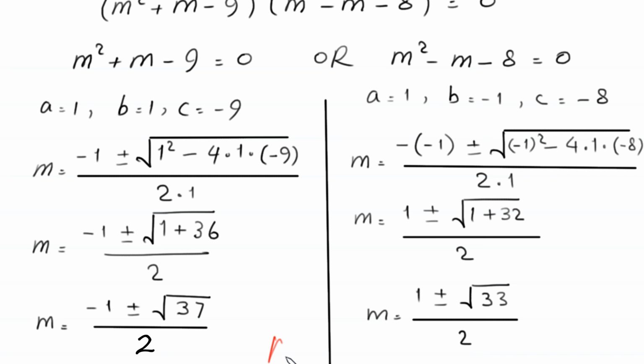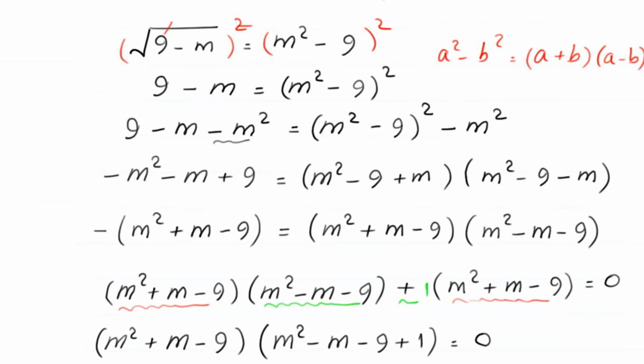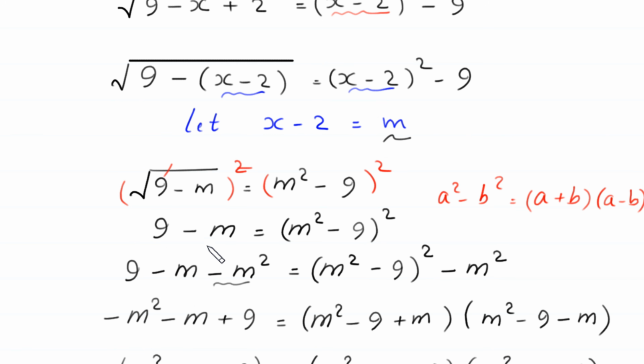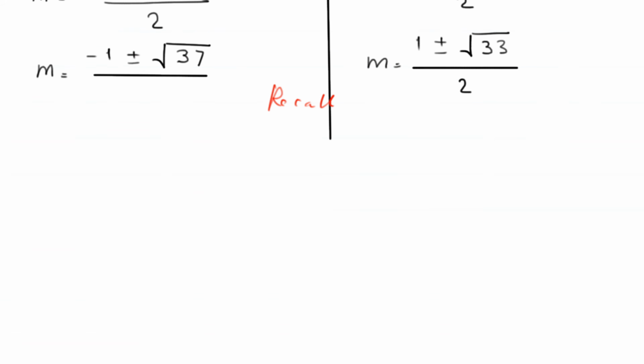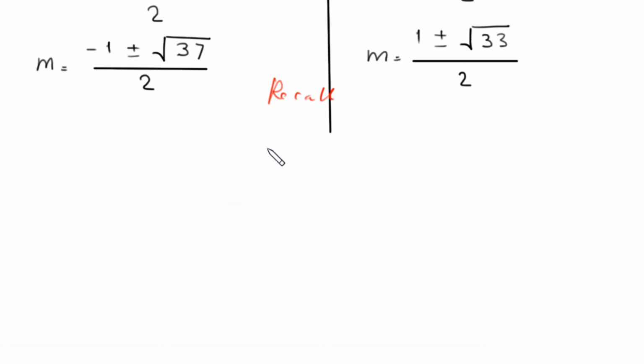Now recall that we have supposed that x minus 2 is equal to m.